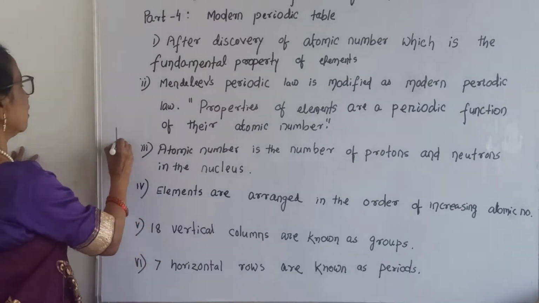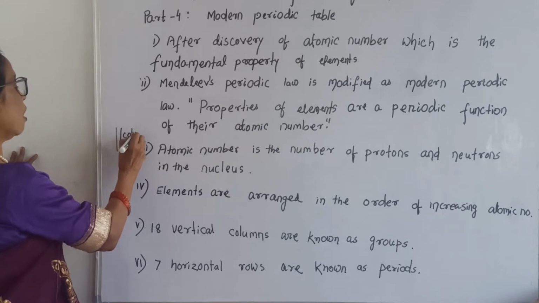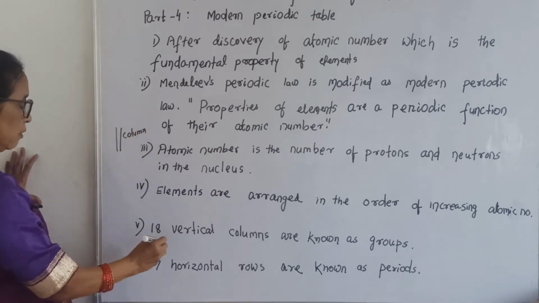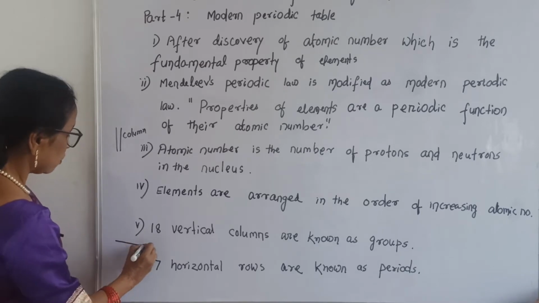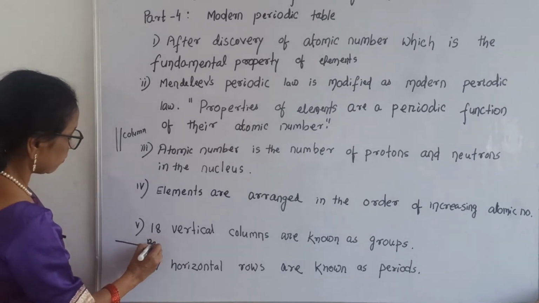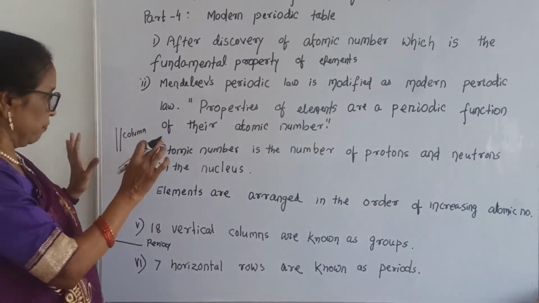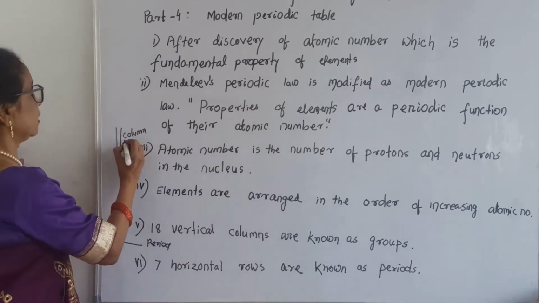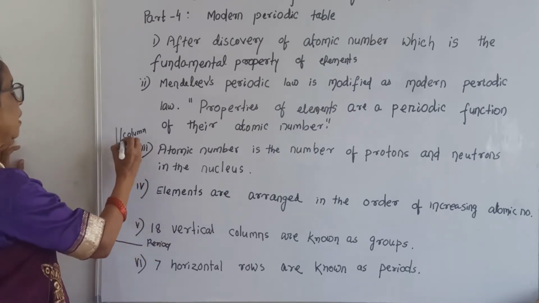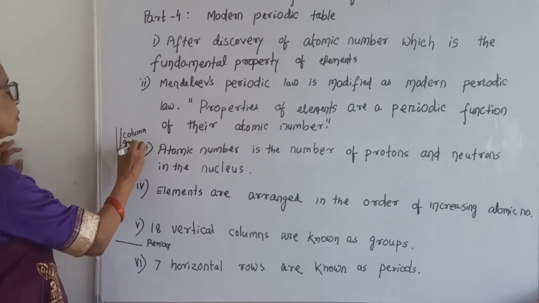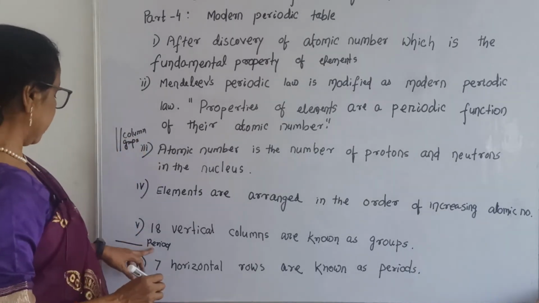So a vertical column is like this, that is called a group, and the 7 horizontal rows, this is called a row, that is a period. Are you clear? If you see this way, this is a column, that is a group. If you see this way, that is a horizontal row, that is called a period.